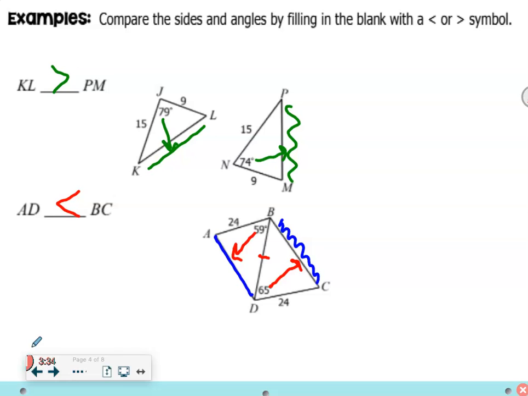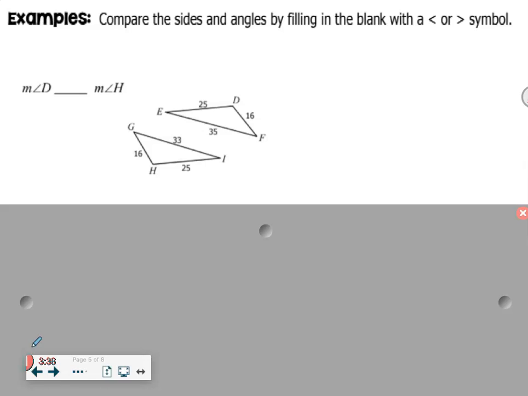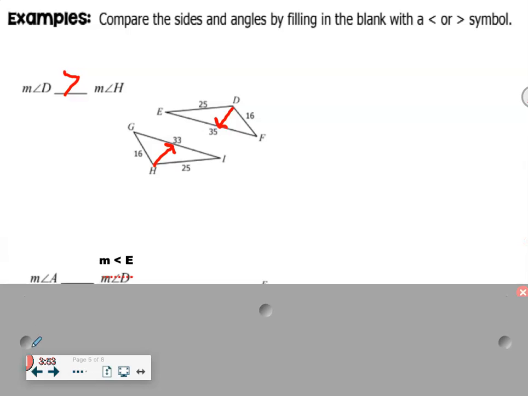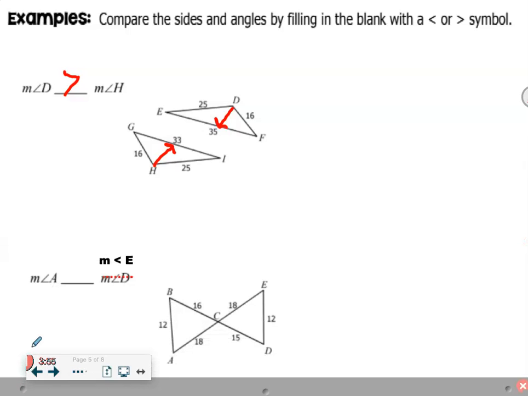Okay, now let's try it with some angles. The measure of angle D. So angle D is across from 35. Angle H is across from 33. Which one's bigger? D. There's a typo.